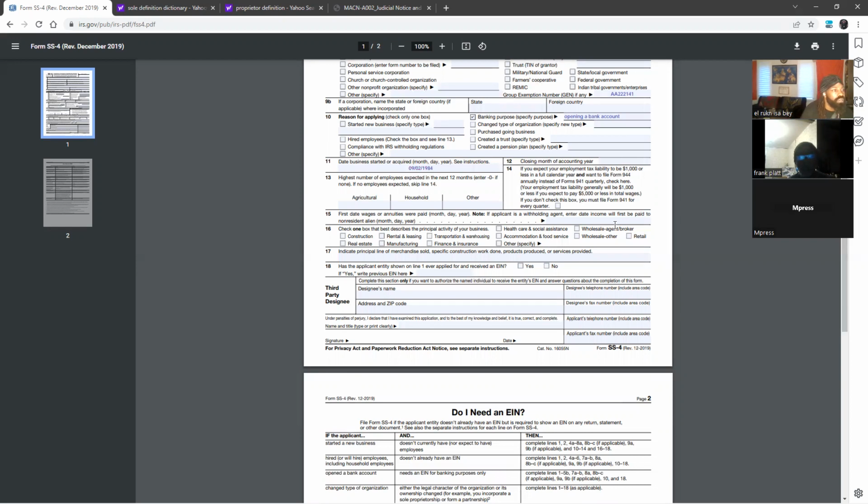Principal activity of business. Trustee Baylor. Trustee and Baylor is what you want to put right there.